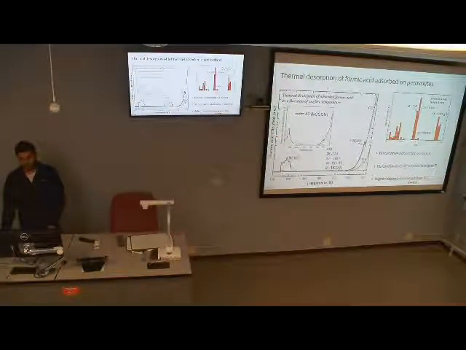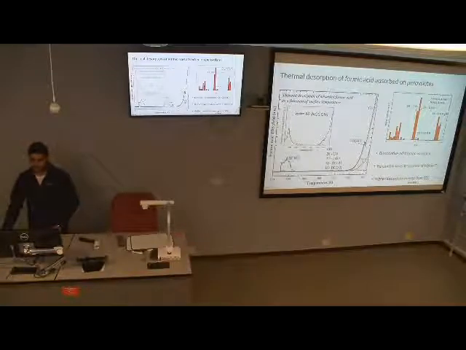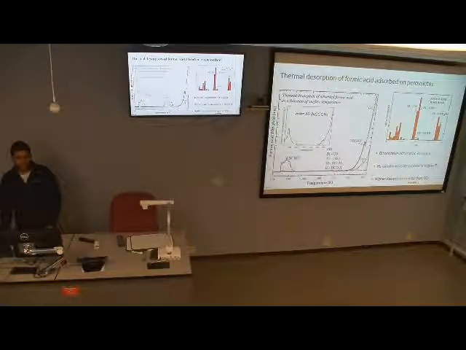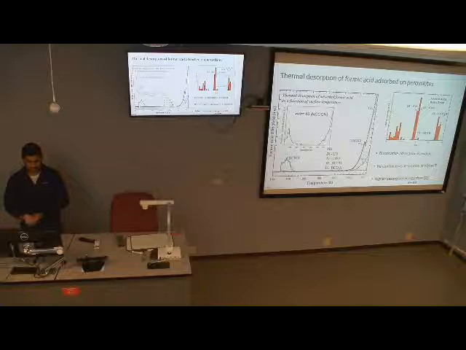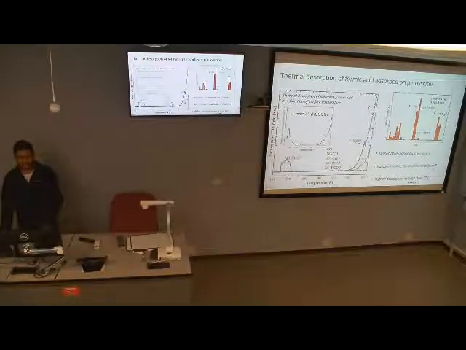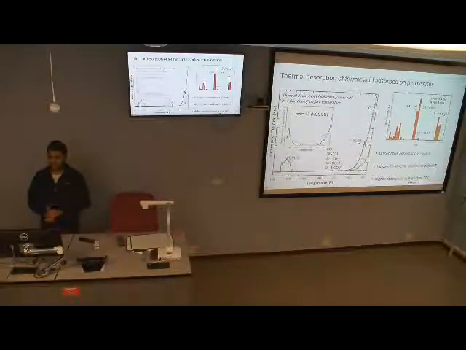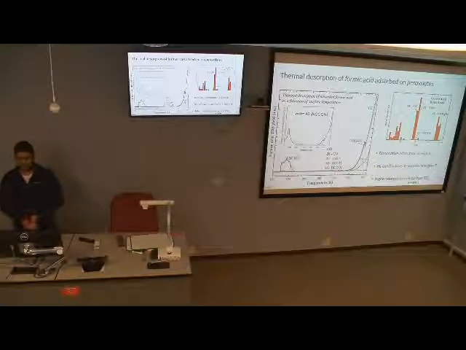If we compare with the gas phase mass scan, we have very small intensity of this formaldehyde fragment, but here in the multi-mass TDS scan, we have huge intensity of this formaldehyde fragment. That means the formic acid desorbed dissociatively during this thermal ramp.